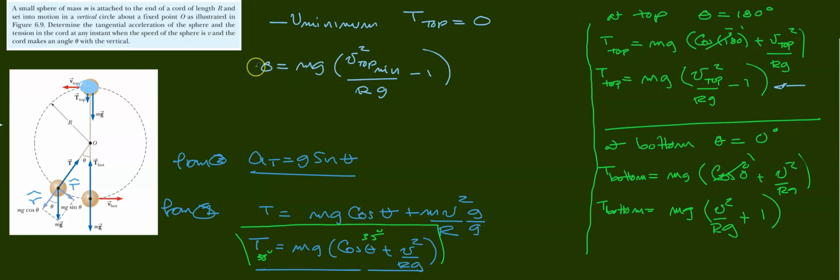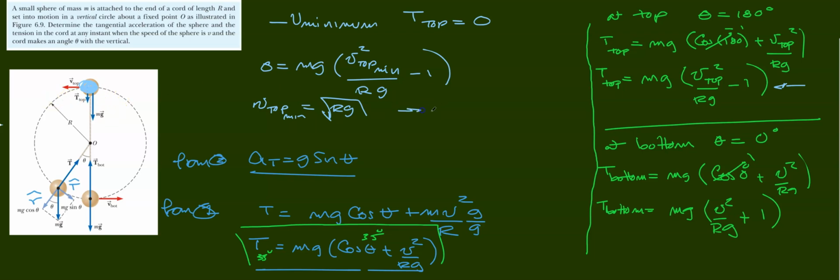So notice that 0 over mg is 0, and this equation becomes v top minimum. If you solve for this, it's going to give you the square root of rg. So that's the minimum value this thing can have up here. So it still goes in circular motion.